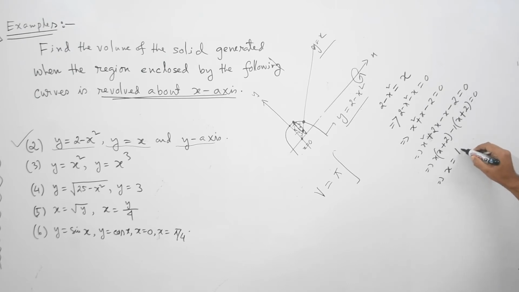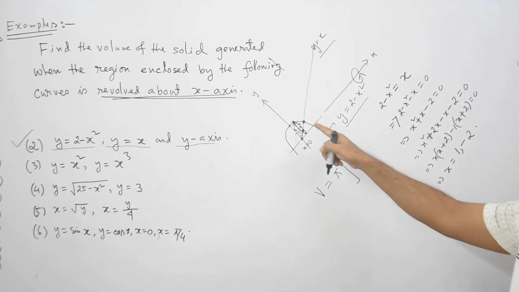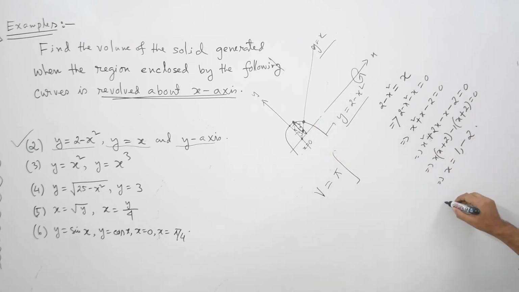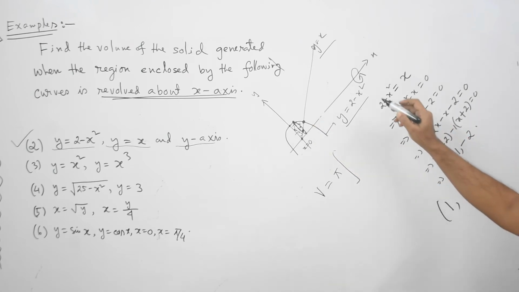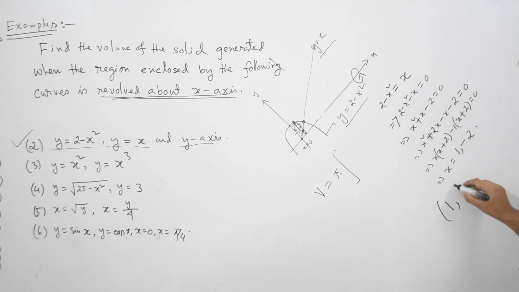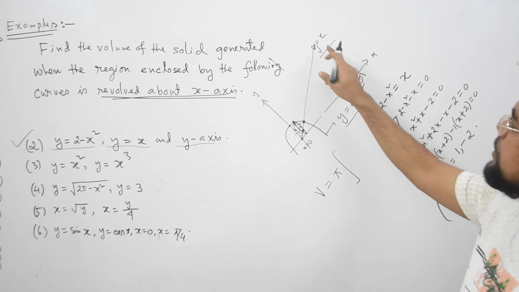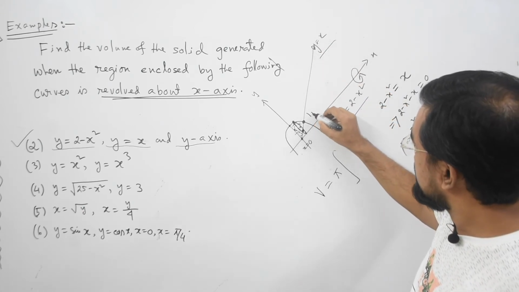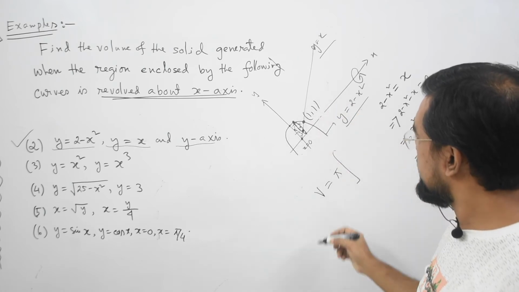So x equal to 1 and negative 2, and we need this one. So when x equal to 1, y is also 1 from here. So (1, 1) is the point of intersection.